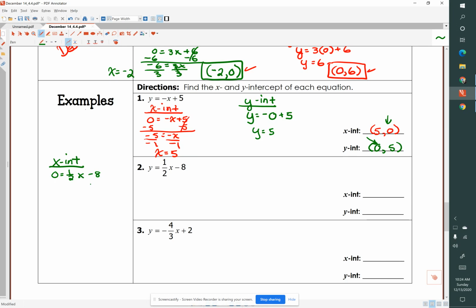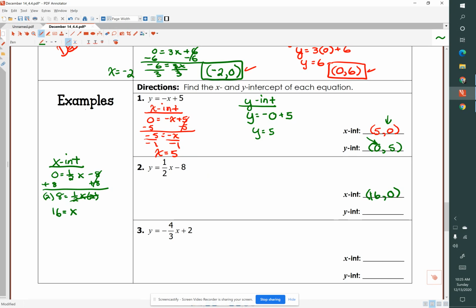And add 8 to both sides. 8 equals 1/2 x. Multiply both sides by 2. 16 equals x. So my x-intercept is 16, 0.